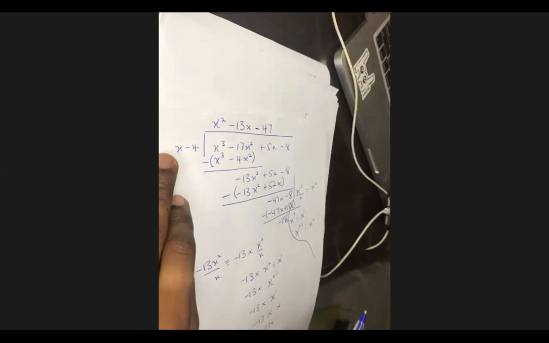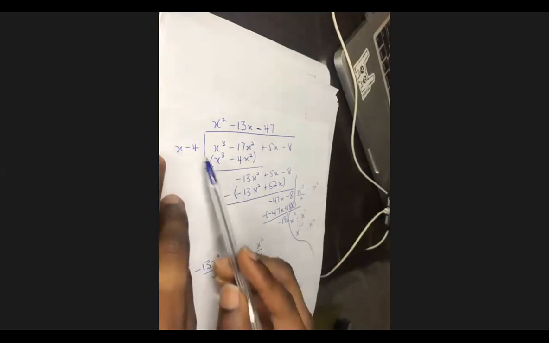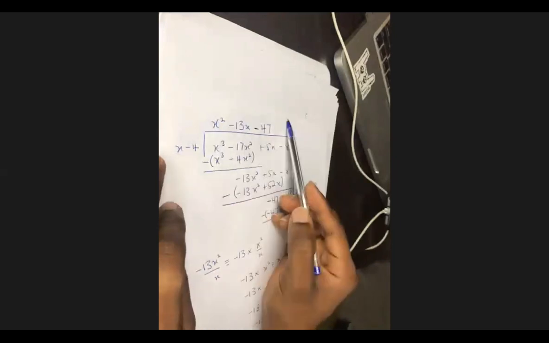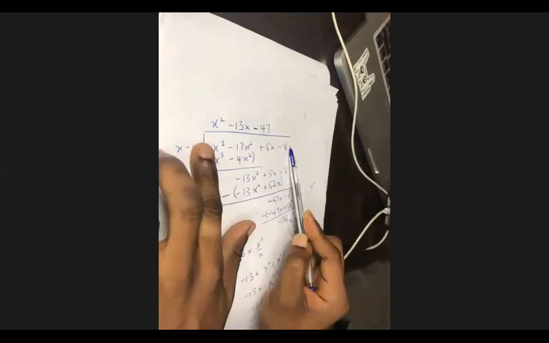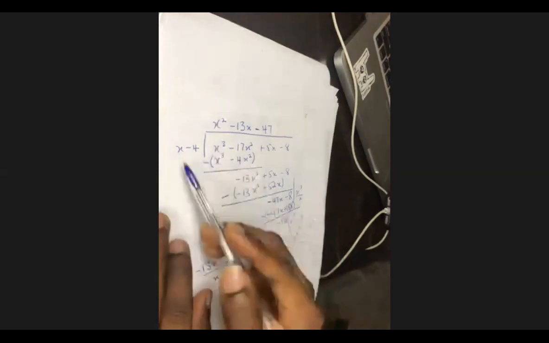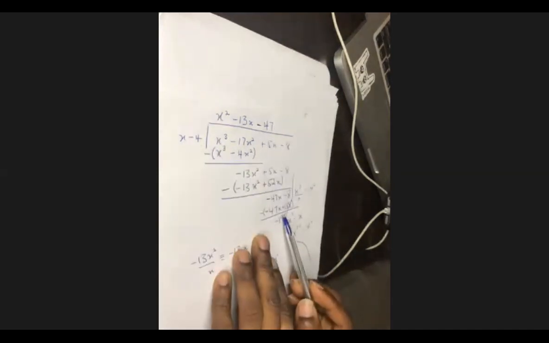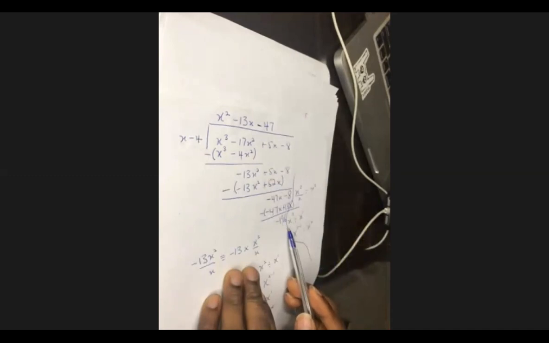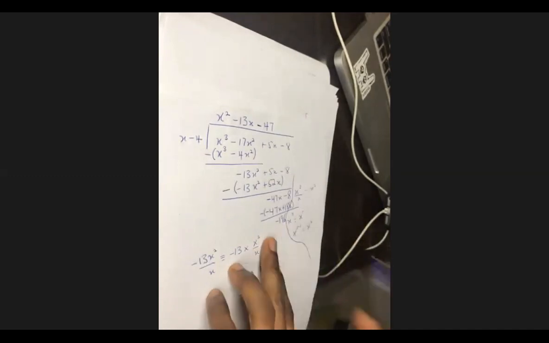So now we are convinced that when you multiply this factor by the quotient, you're going to get this cubic function. Do you get it? Good. Now, most of the times, you work out and then you get 0 here. That is what happens. But with this particular question, there's no way you can get 0 here. You're going to get negative 196 here.